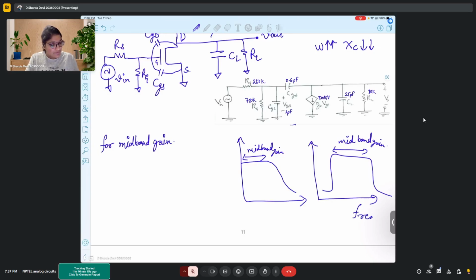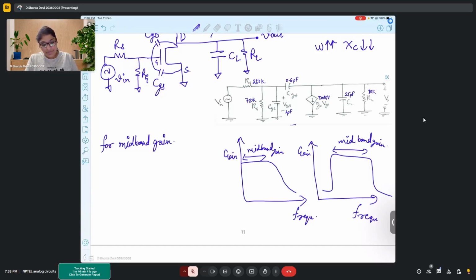So what can we infer from this? Clearly, as my gain is not changing with the frequency, the capacitance effect is not prominent in my case, right?